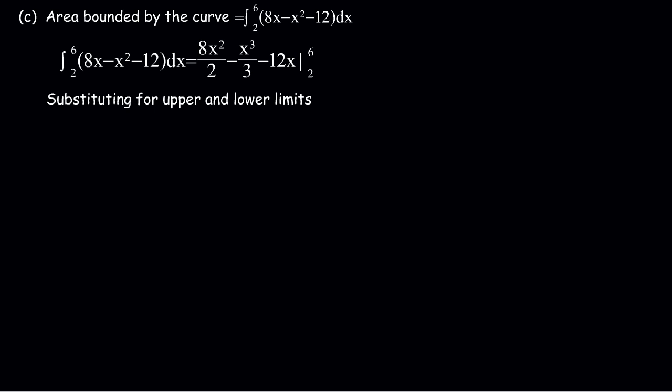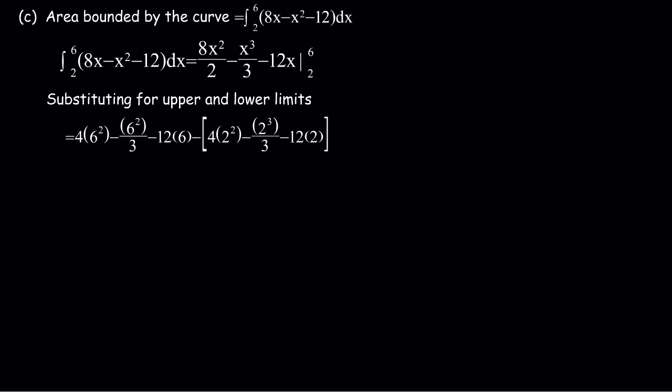Now substituting for upper and lower limit, it will be equals to 4 in bracket 6 squared minus 6 cubed in bracket divided by 3 minus 12 in bracket 6, minus, in bracket, 4 in bracket 2 to the power of 2 minus 2 to the power of 3 divided by 3 minus 12 in bracket 2.